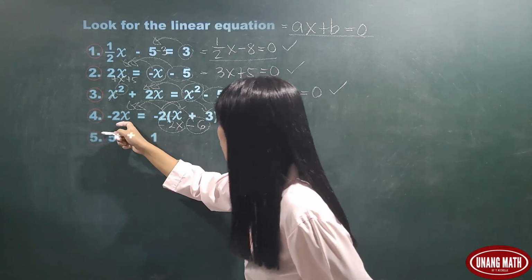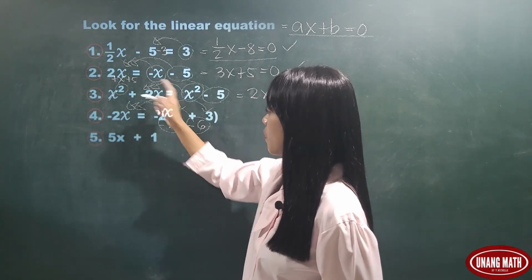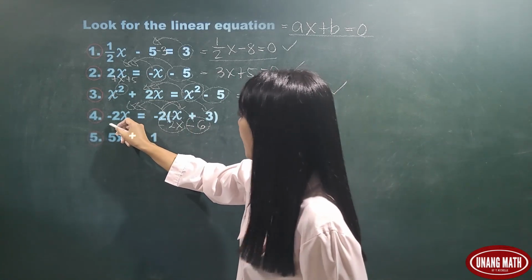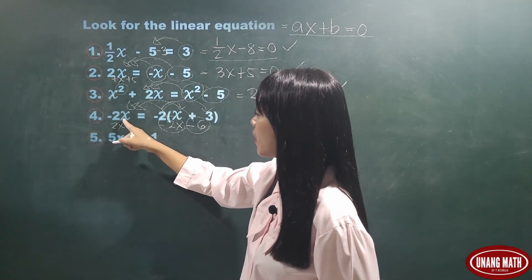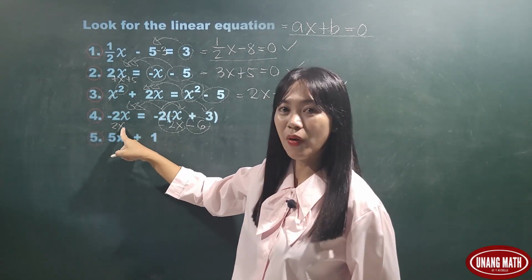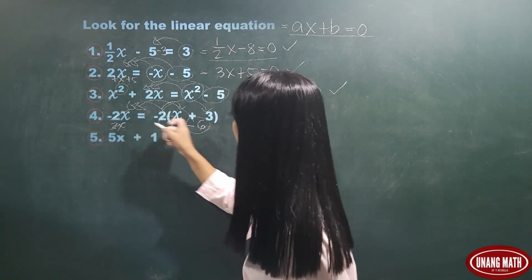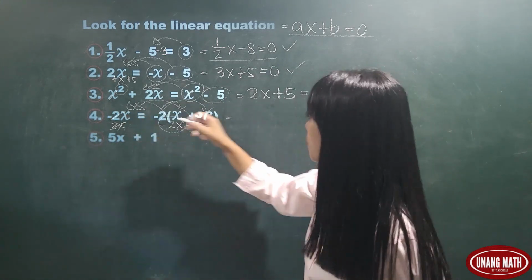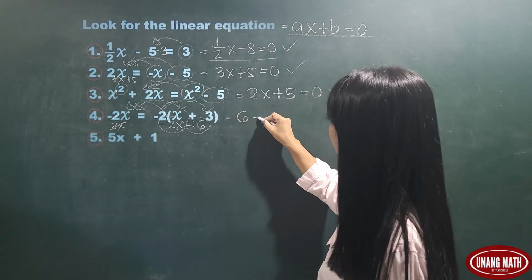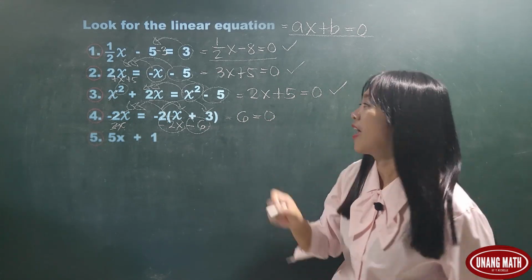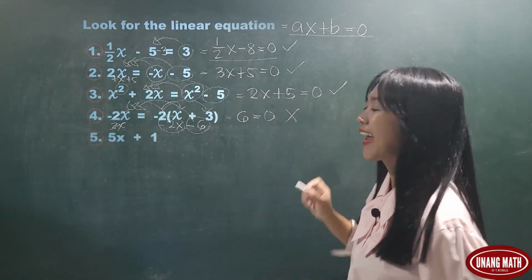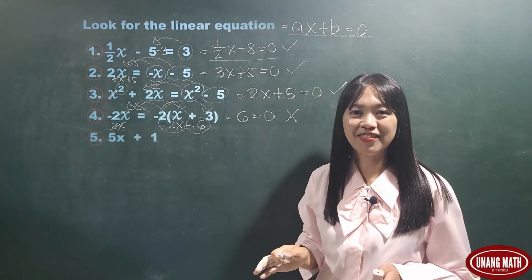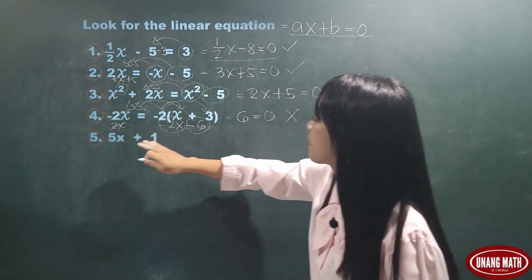So this is negative 2x, when we transpose, it becomes positive 2x. Negative 2x plus 2x, this will be cancelled. And we are just left with negative 6. So when we move it, it's positive 6. So 6 is equal to 0. This is not a linear equation. Okay, what about number 5?